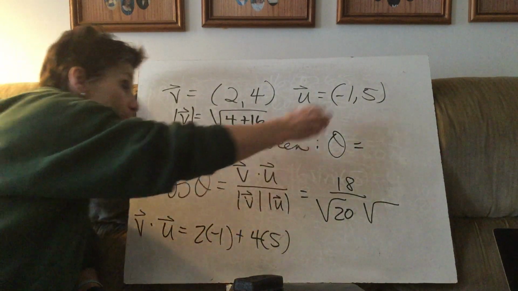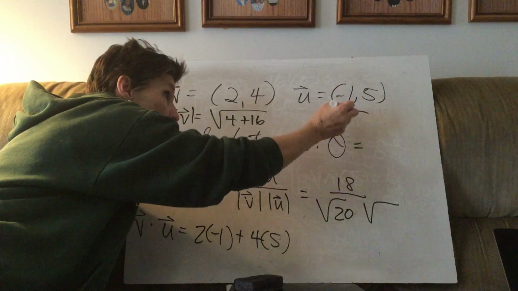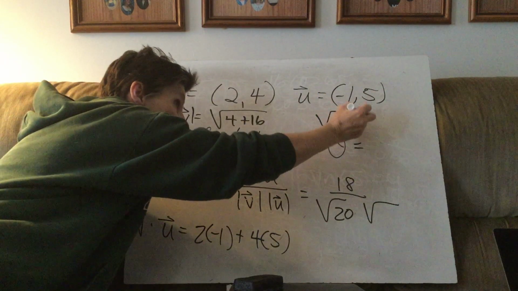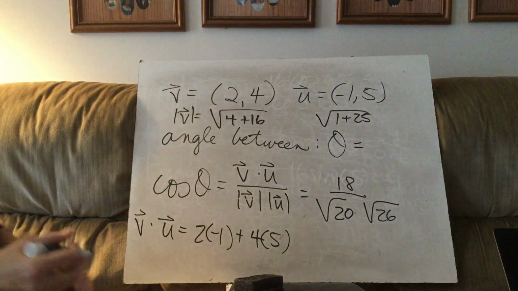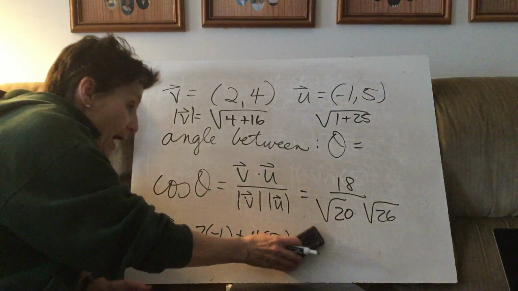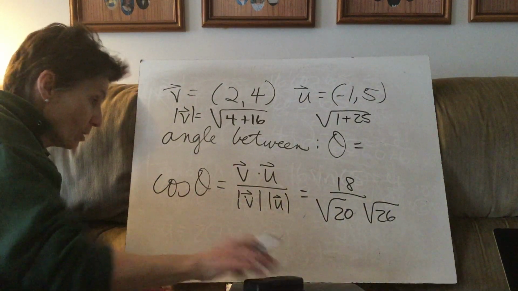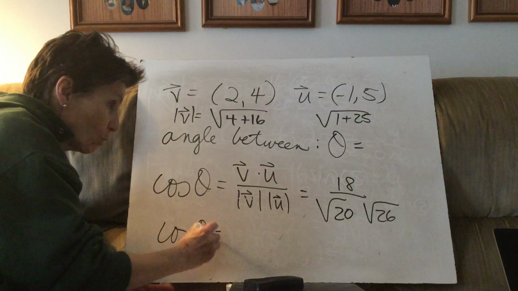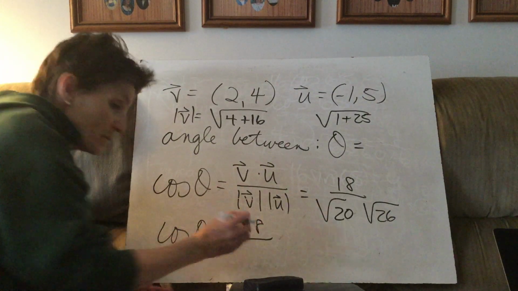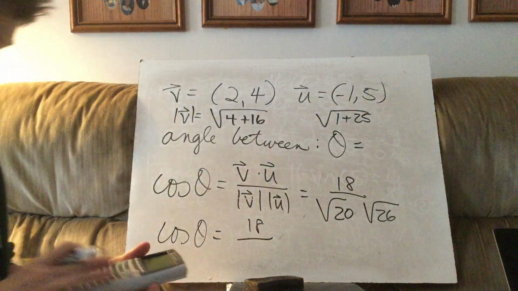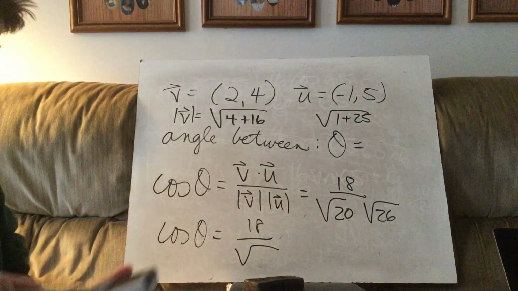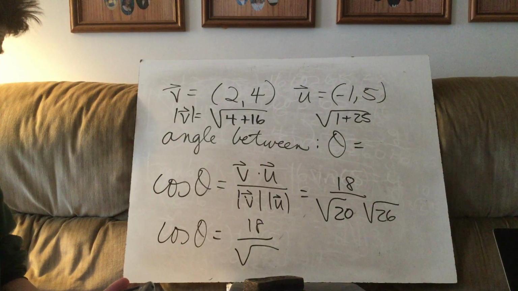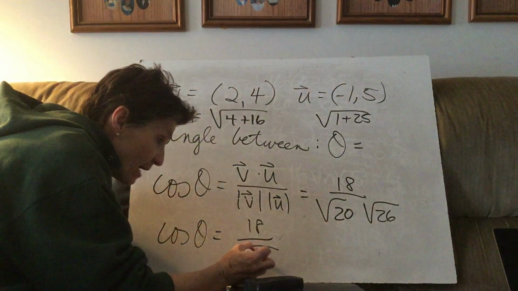All right, vector u, magnitude. First one squared, second one squared, that's going to be root 26. Now, I would suggest, and I have all along, that before we type this in on our calculator, we go ahead and multiply those two together. So instead of having two separate radicals, we're going to have one. 20 times 26, so it's the square root of 520.